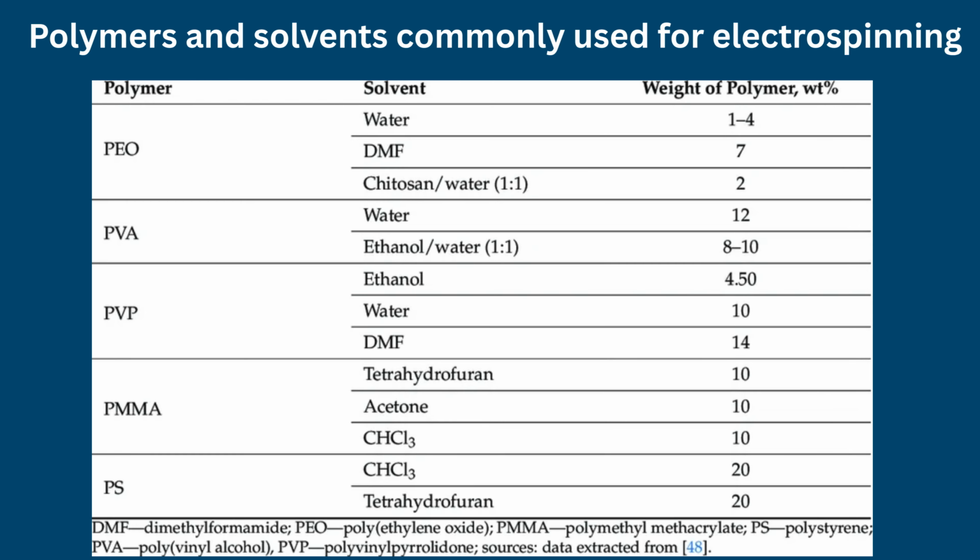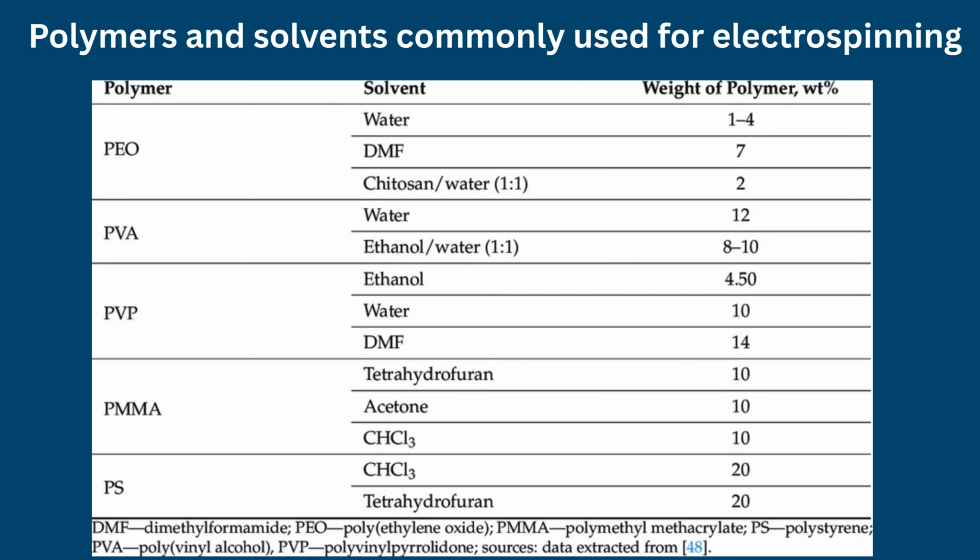Solvent selection. The selection of an appropriate solvent system is a critical determinant of electrospinability and fiber quality. The solvent must effectively dissolve the polymer, provide suitable viscosity and conductivity, and evaporate rapidly during jet travel. The physicochemical compatibility between polymer and solvent is often assessed using Hansen solubility parameters, which account for dispersion, polar, and hydrogen bonding interactions.